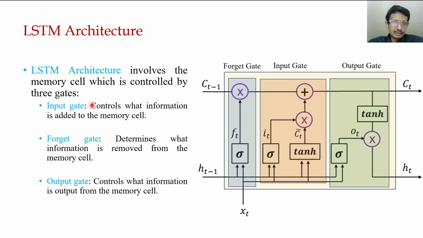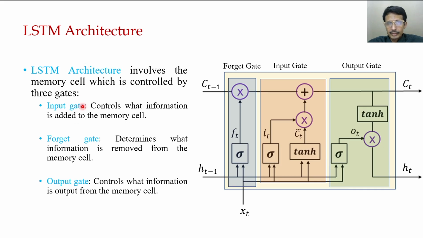So what we have learned here is that there are 3 gates: input gate, forget gate and output gate, that control the memory cell of the LSTM architecture, and this memory cell handles the long range dependency issue.